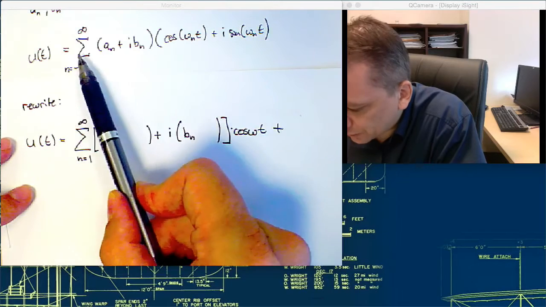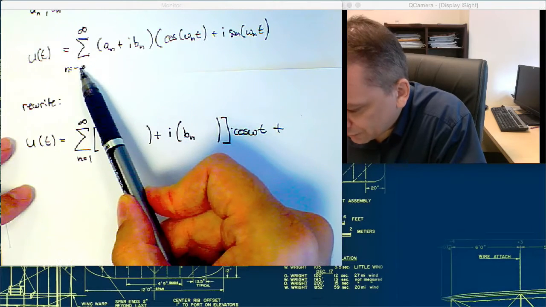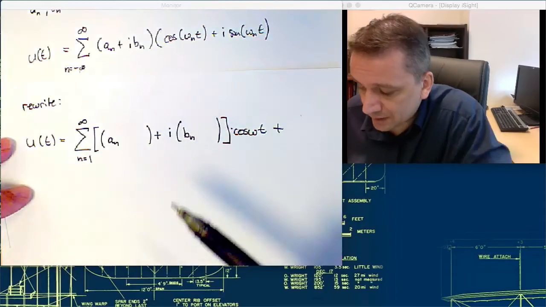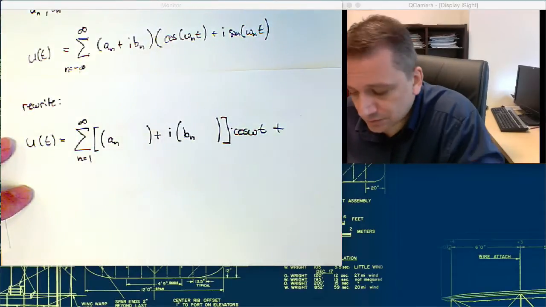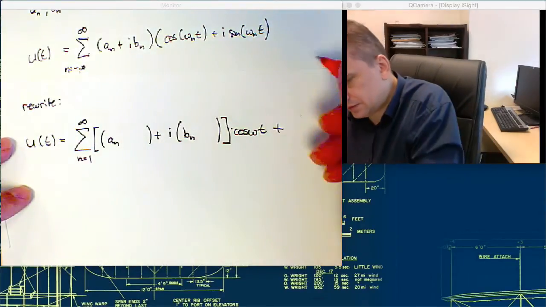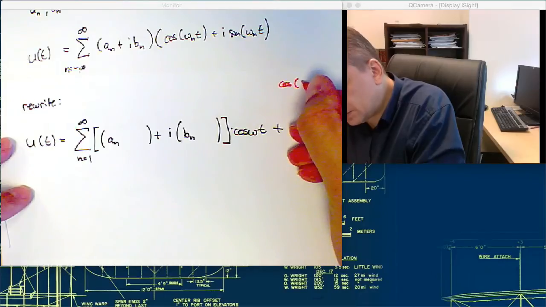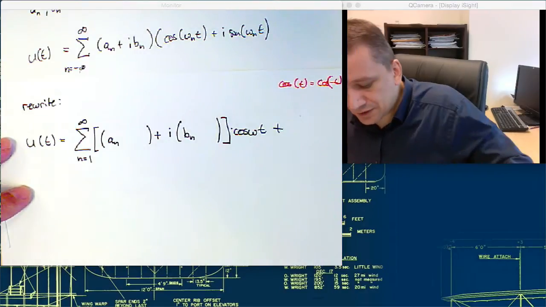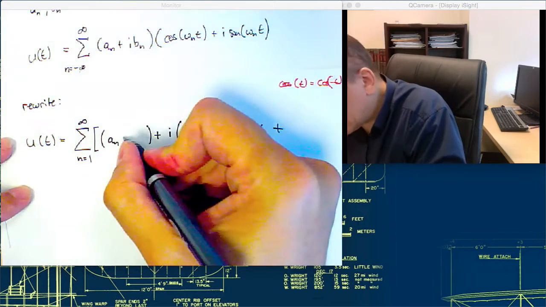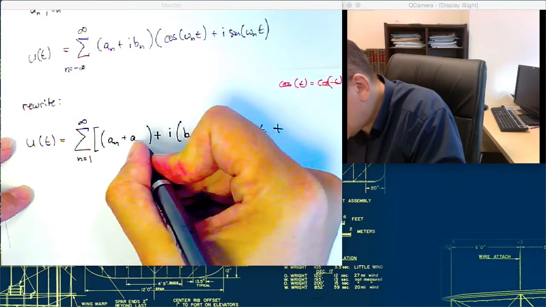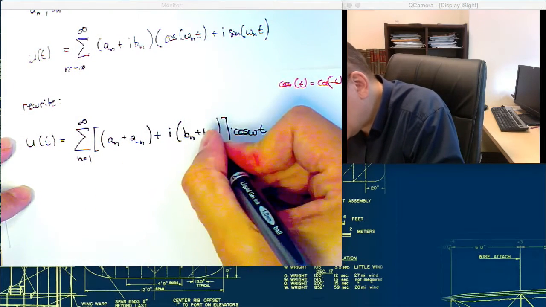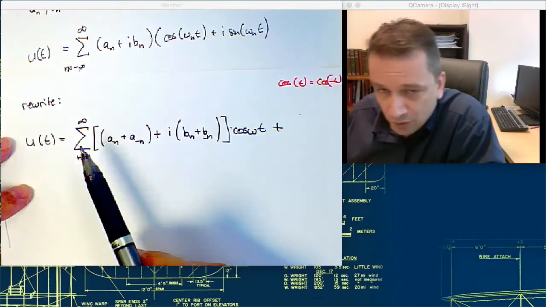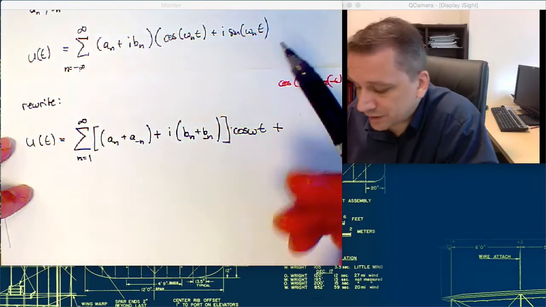But instead of counting from minus infinity to plus infinity, I'm counting only from 1 to infinity. So since cosine of t is equal to cosine of minus t, I can just count in the other direction as well. So I can just add here plus a minus n, and here plus b minus n, to take into account all of the ones that are counting from minus infinity to plus infinity.